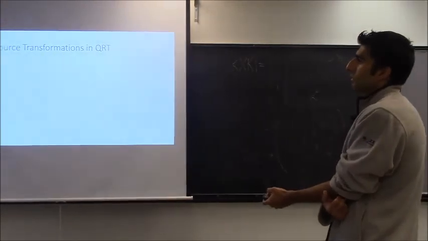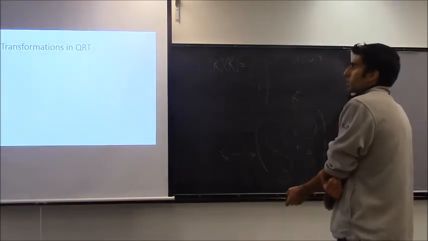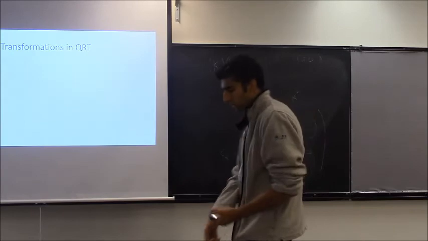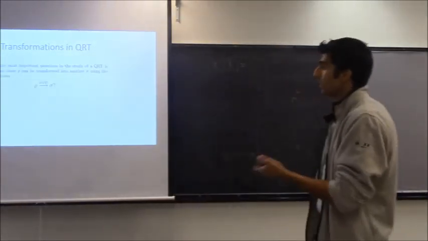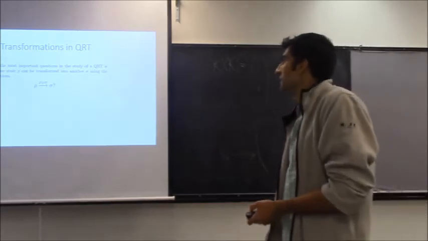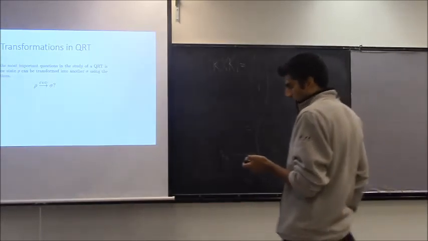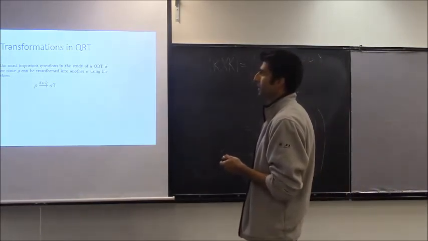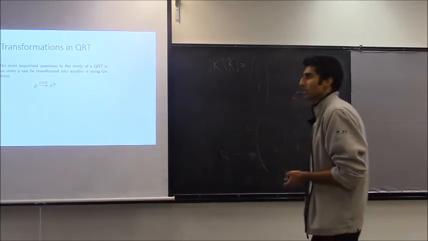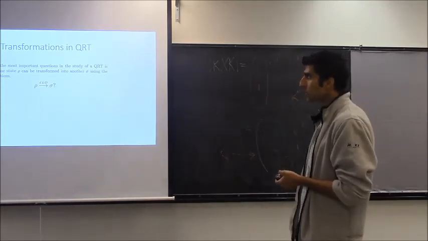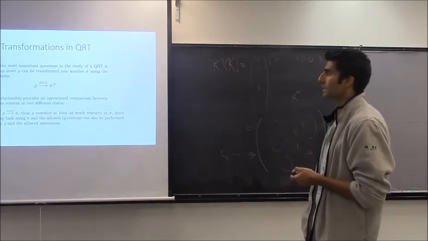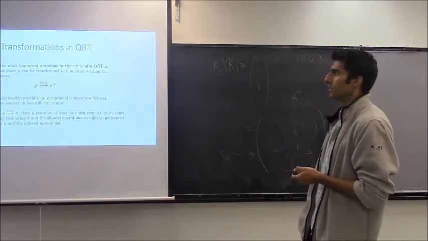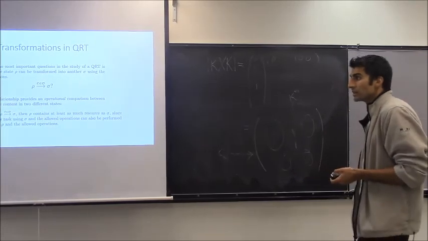Okay, so that's it for measures of resource. Now, perhaps the most important problem is transformation of resources. The question is, can I go from one state rho to another state sigma by the free operations in the resource theory? Why is this interesting? Because it provides an operational comparison between the resource content in two different states.